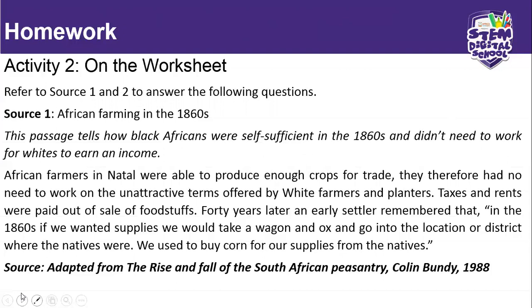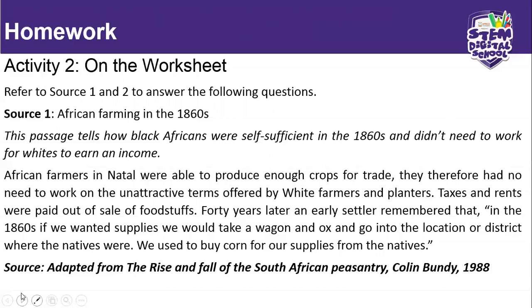African farmers in Natal were able to produce enough crops for trade. They therefore had no need to work on the unattractive terms offered by white farmers and planters. Taxes and rents were paid out of sale of foodstuffs.